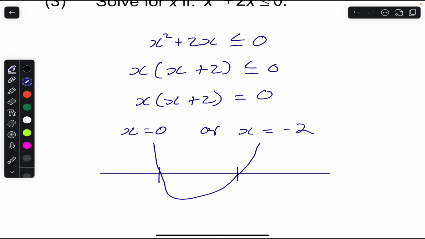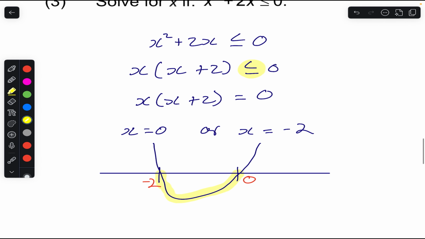Because I know that this is a quadratic and I see that it is positive, I know that I will have values at -2 and 0. They require me to show where this will be smaller or equal to 0. So if I look at my y values, they will be smaller or equal to 0 at these intervals.